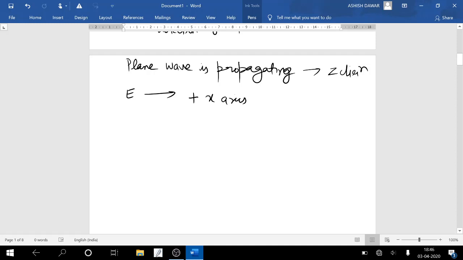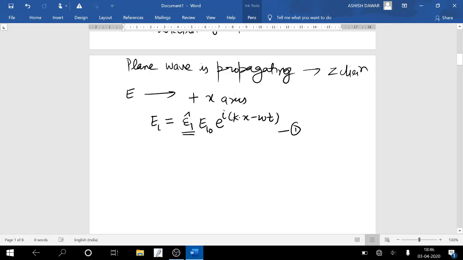Okay, so then this plane wave is represented as E1 equals epsilon 1 cap E10 exponential iota (k dot x minus omega t). Let it be equation number 1. Such a wave is called linearly polarized along epsilon.